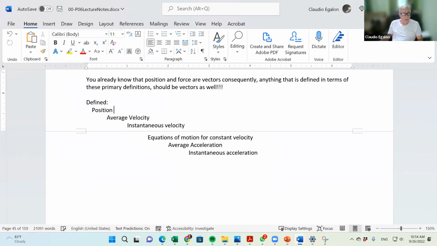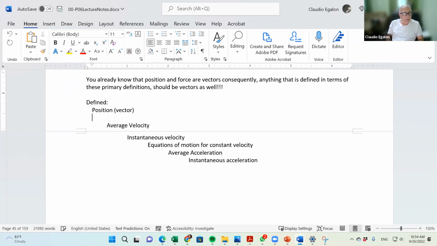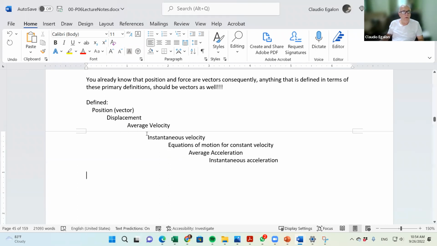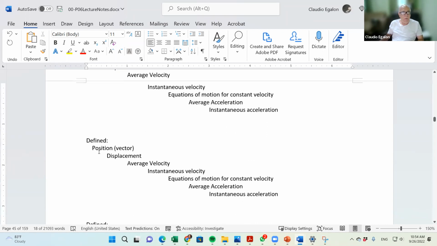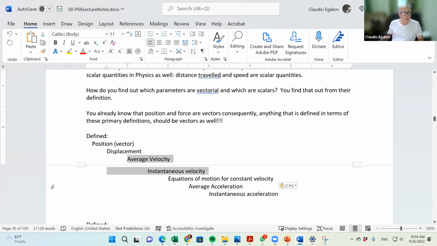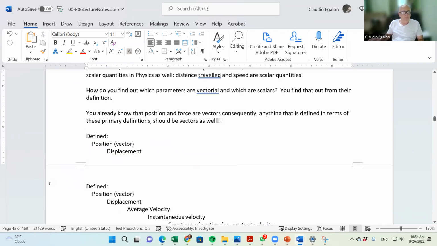Okay, here you go. Vector. And by the way, there's one missing here. Then we have displacement. Recall that displacement is final position minus initial position, right? Let's start with displacement first.